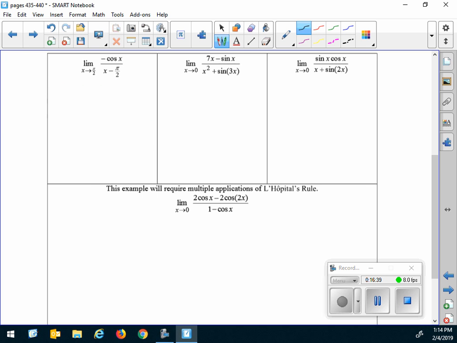Middle one. You always do direct substitution first. Always try that first. If x is 0, 7 times 0 minus the sine of 0. What's that equal? 7 times 0 is 0, minus the sine of 0. So I know the limit of the numerator is 0.